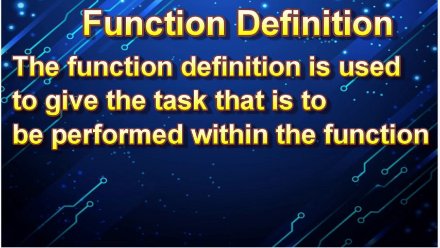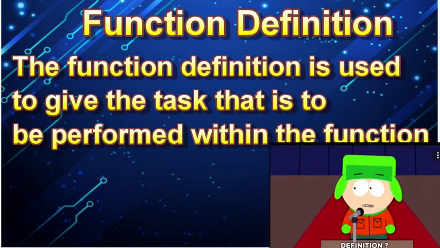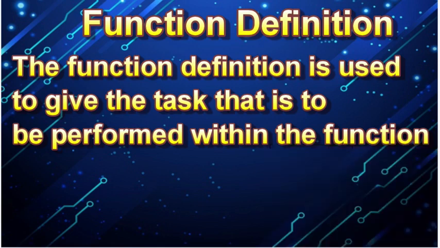In the definition, I am going to tell what this function is going to do. First I write the return type, then the function name, then the parameters I want to pass, then start with the curly braces and end with the curly braces. Within the curly braces, I include the statements and body which I need to perform in that particular function.